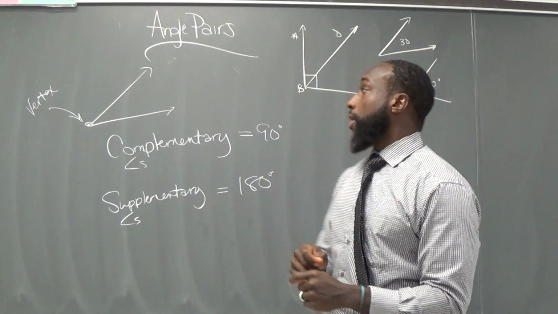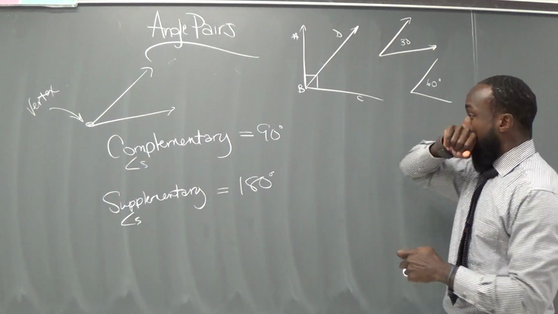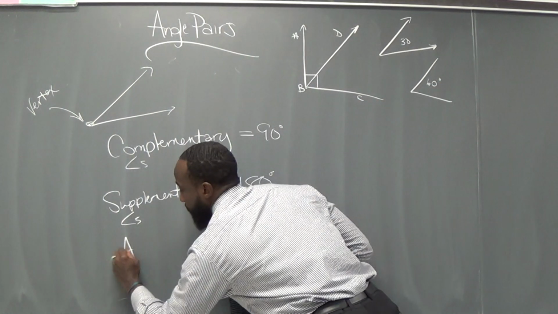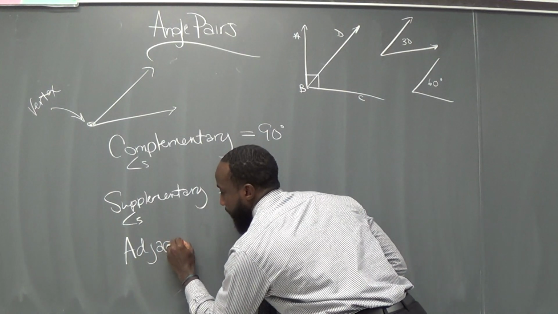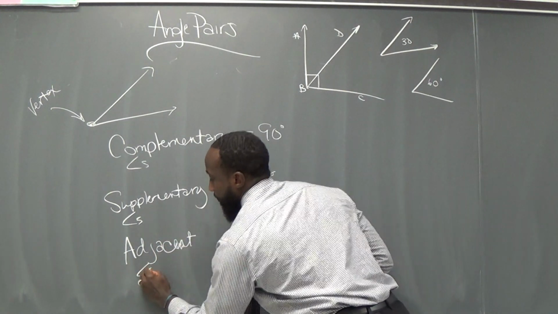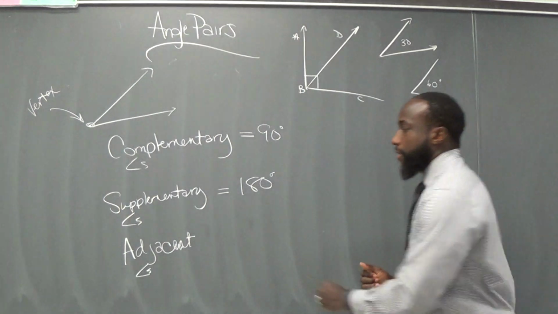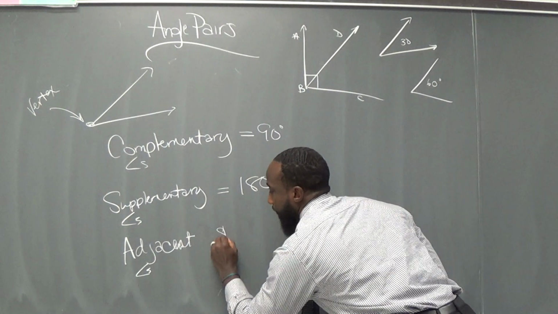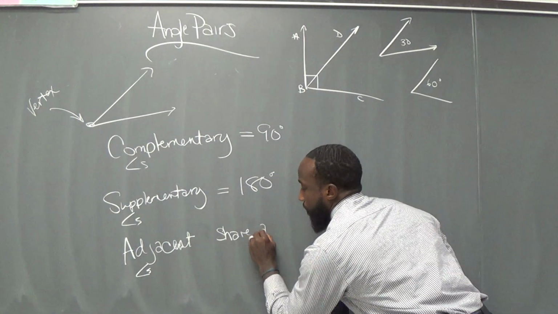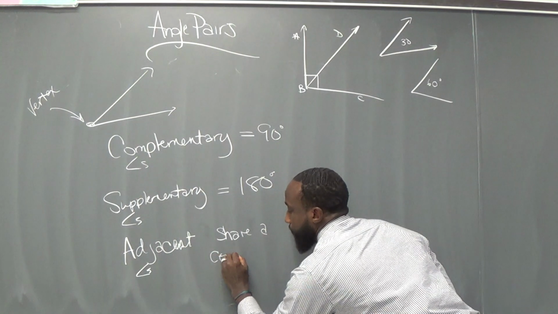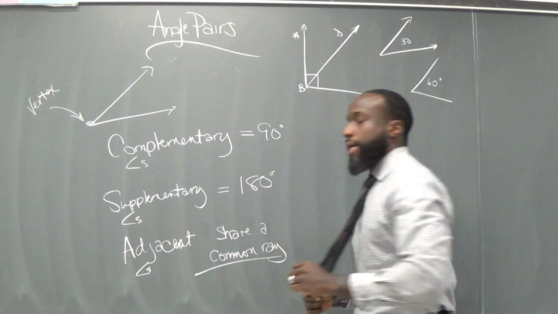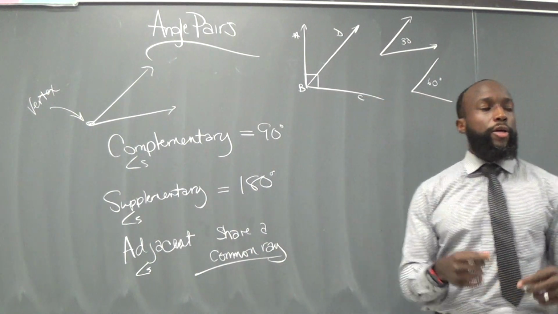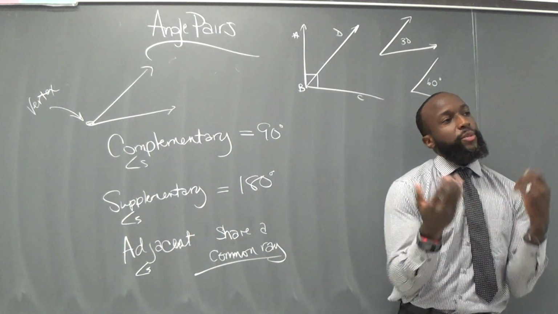Now, this leads me to our next vocabulary word. They're called adjacent angles. Adjacent angles share a common ray. So in order for them to be adjacent to each other, the two angles have to be connected to each other.